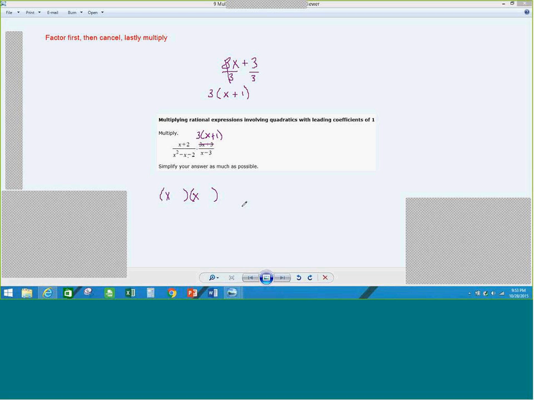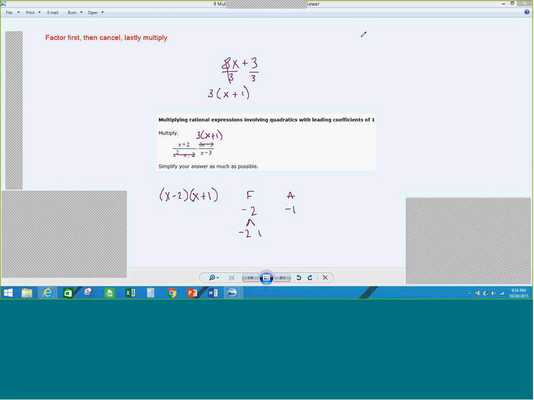And then I'm looking for factors of negative 2 that can add to negative 1. The only way to get that is if we multiply negative 2 times a positive 1. That would multiply to negative 2, and if I add them, we're left with negative 1. So what you get is x minus 2 and x plus 1, replacing this trinomial.